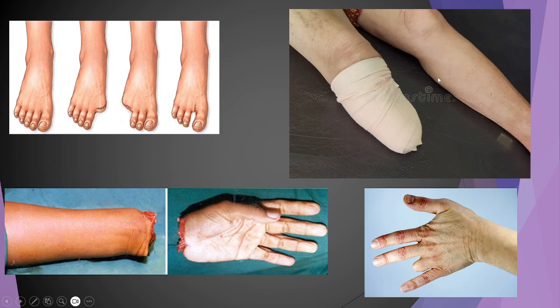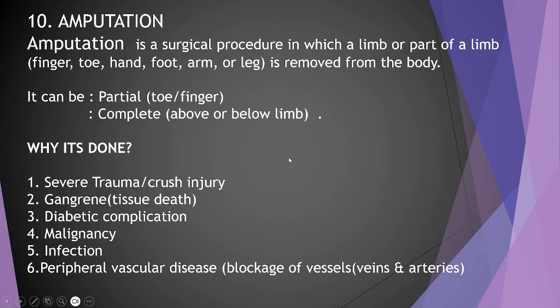Similarly, in the lower knee, and you can see in the hand. So these are the amputation examples. Due to trauma, malignancy, infection, or PVD, for that purpose the amputation is done. That is a removal of the part or a part of the limb.